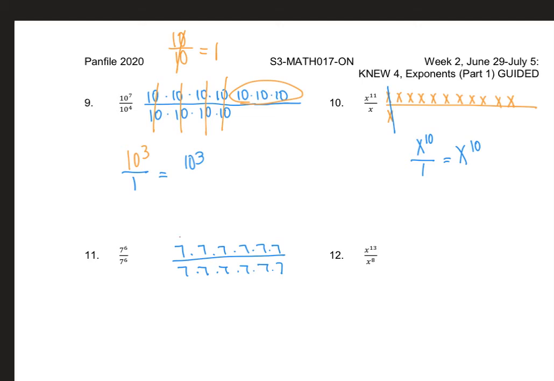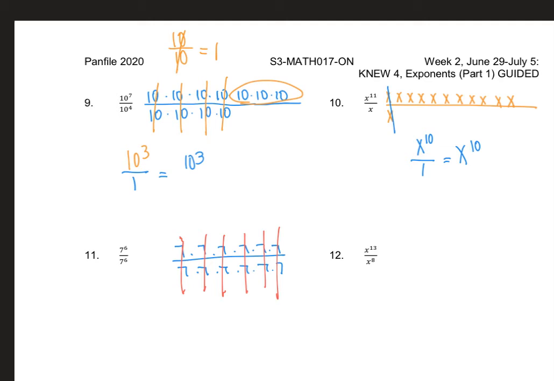Well, 7 divided by 7, 7 divided by 7, 7 divided by 7, 7 divided by 7, 7 divided by 7, 7 divided by 7. Remember, this is where I don't want to think about canceling turning to, quote, nothing, right? Because when you think about it turning to nothing, then you have nothing left.